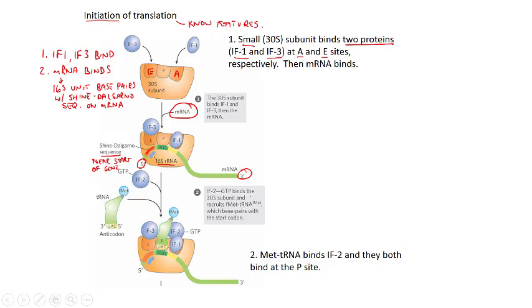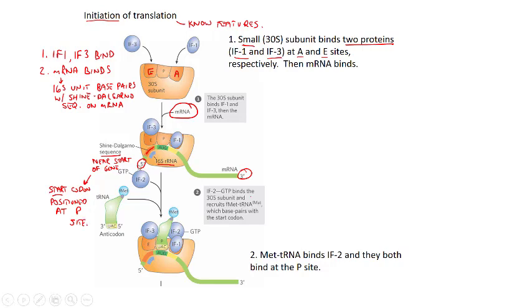And you can think of it as almost like a promoter for translation. It comes at the beginning of a gene, it base pairs with this 16S rRNA, and that allows the start codon to be positioned at the P site.